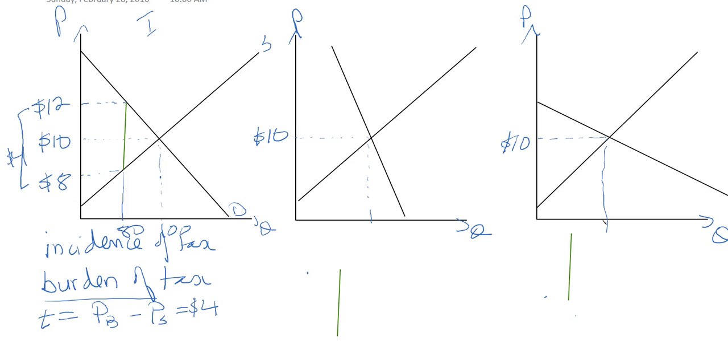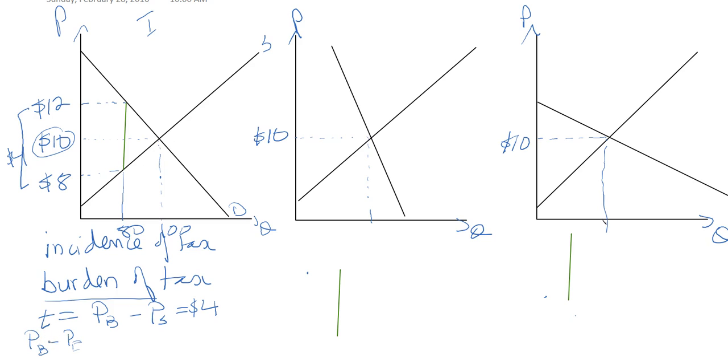The burden of the tax is given by the share of the tax from the original equilibrium borne by buyers and sellers. In this case, before the tax, buyers were paying $10 for the equilibrium price, and now they are paying $12.